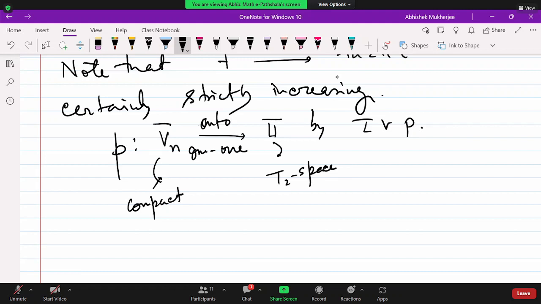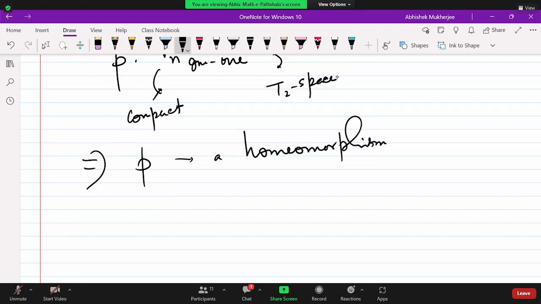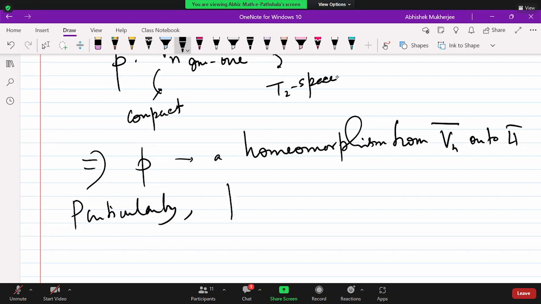This implies that this map should be a homeomorphism from Vn bar onto U bar, and particularly P will be a homeomorphism from Vn to U, right?